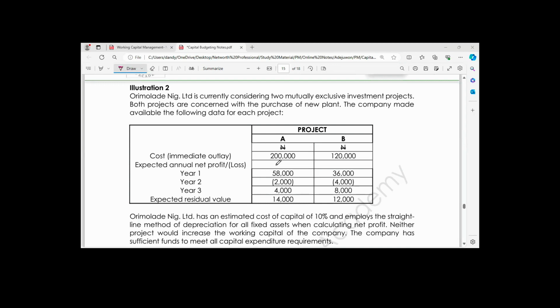Orimolade Nigeria Limited is currently considering two mutually exclusive investment projects. Both projects are concerned with the purchase of new plants. The company made available the following data for each project.